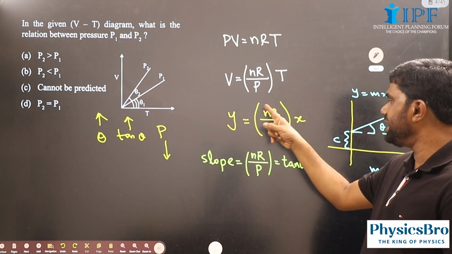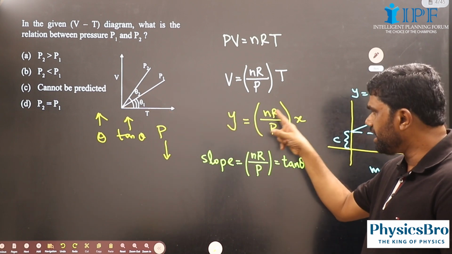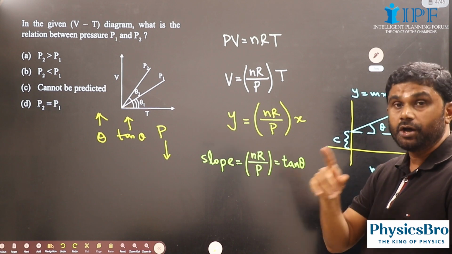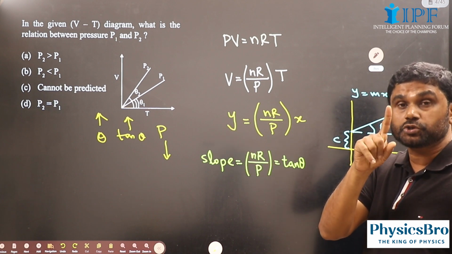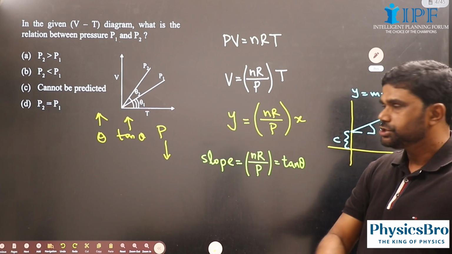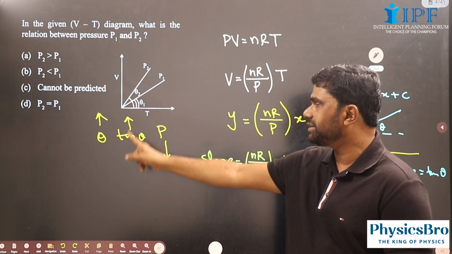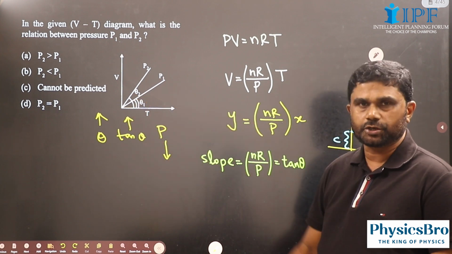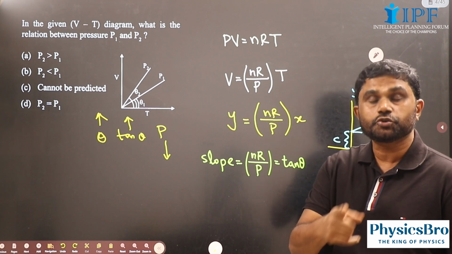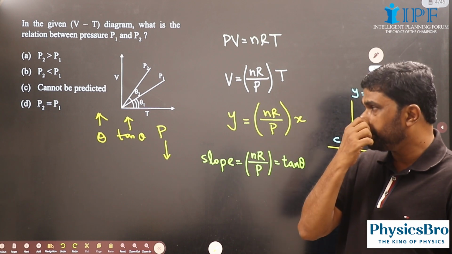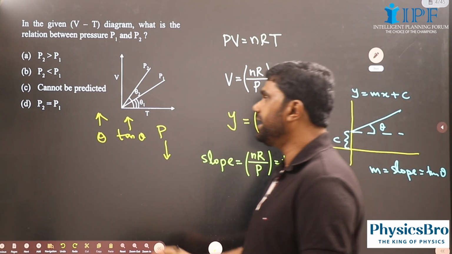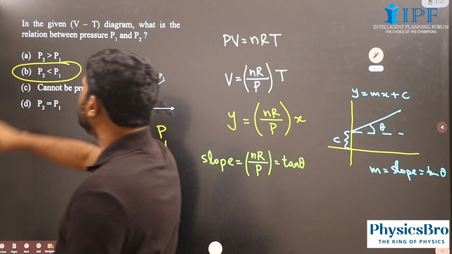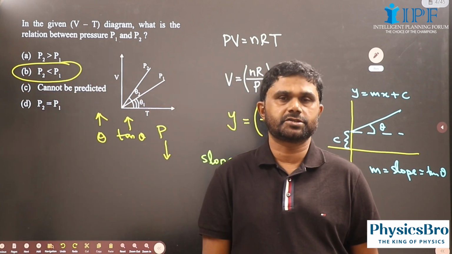Here the slope is nR by P, of which nR is a constant, so tan theta or slope is proportional to 1 by P. So when theta is more, tan theta will be more and P will be less. Here we have theta 1 and theta 2. Theta 2 is more, so P2 must be less. Okay, so P2 must be less than P1, right?